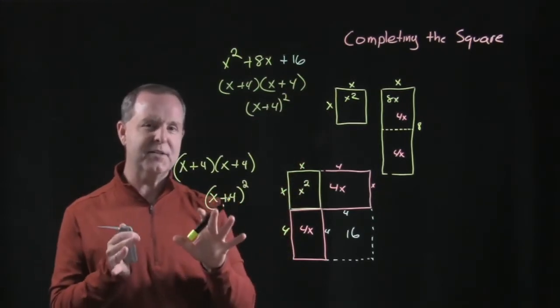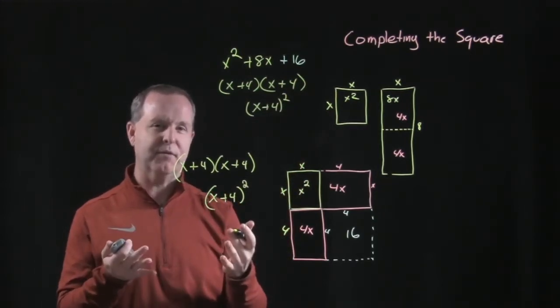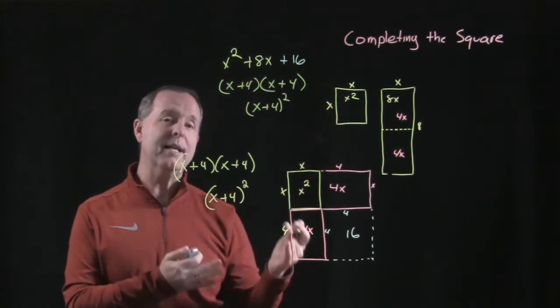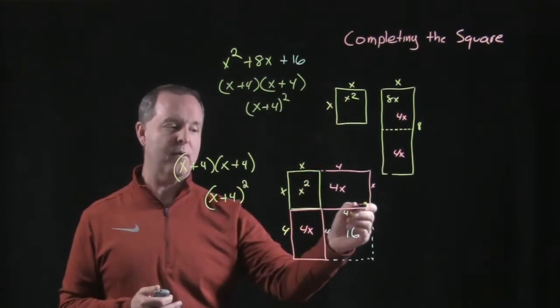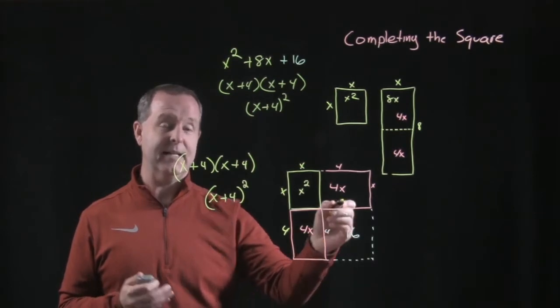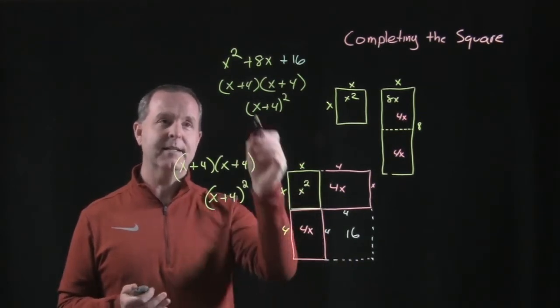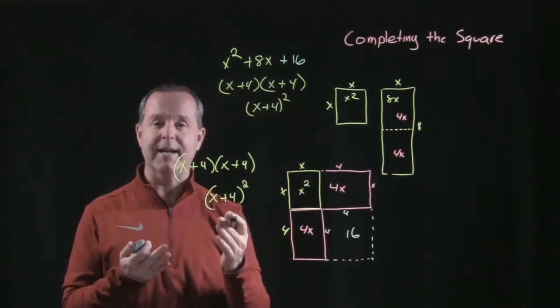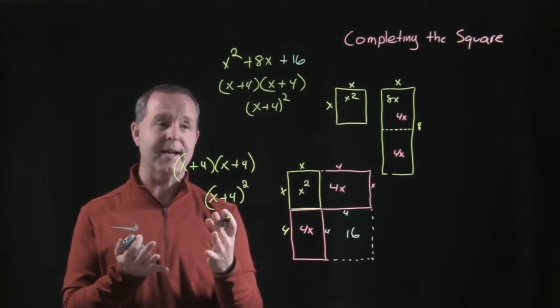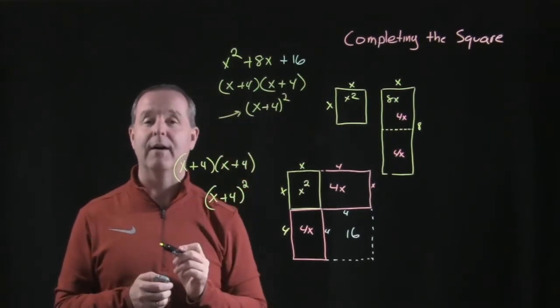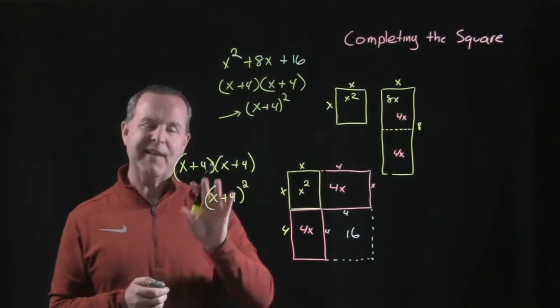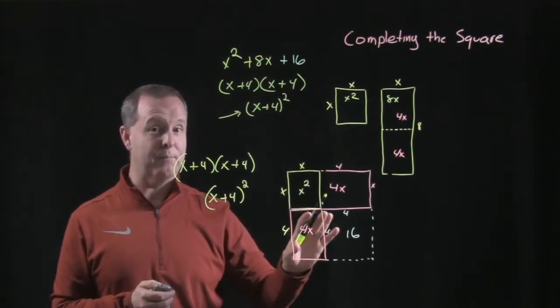So I hope you understand a little bit of where the picture comes from, why we call it completing the square. Because we're looking for this corner piece that has the exact dimensions we need to take this emerging quadratic and form it into a quadratic that is a perfect square. And if we can do that, that's going to help us solve some very difficult problems.